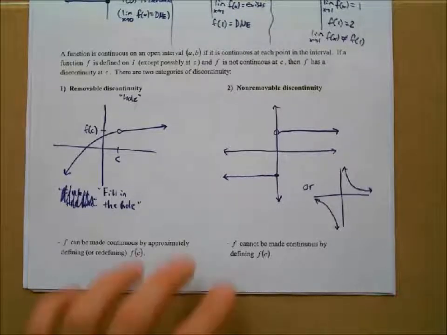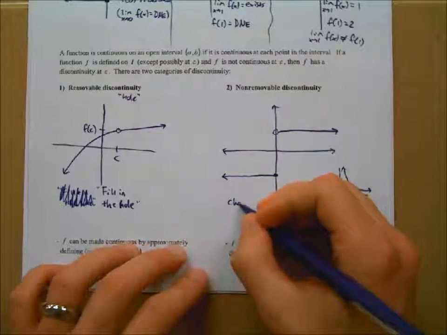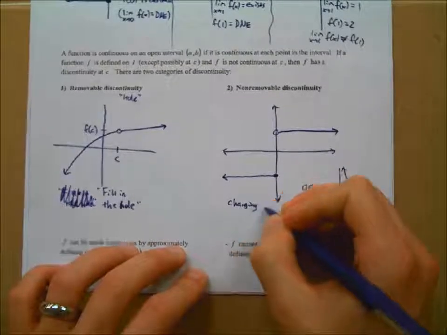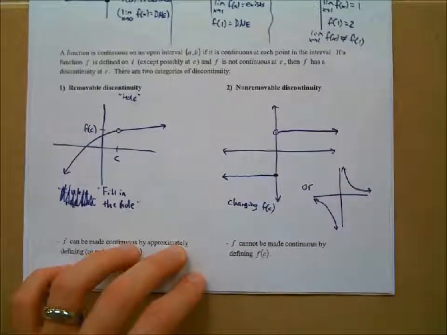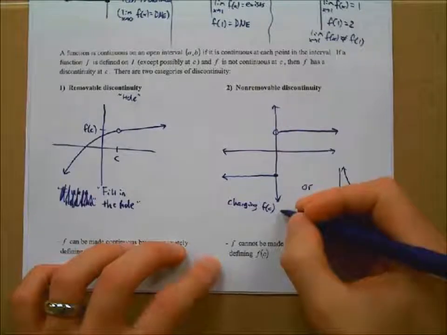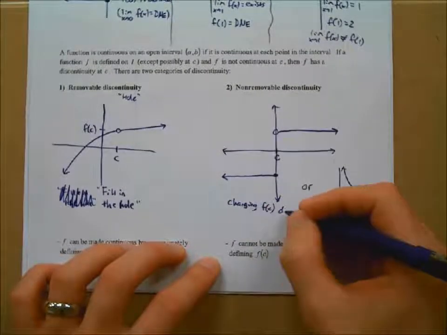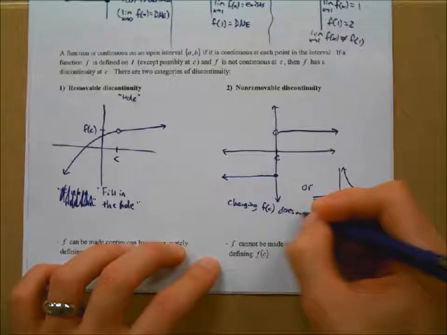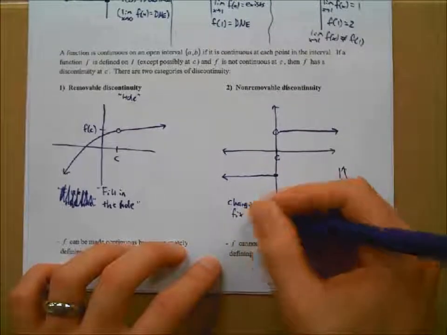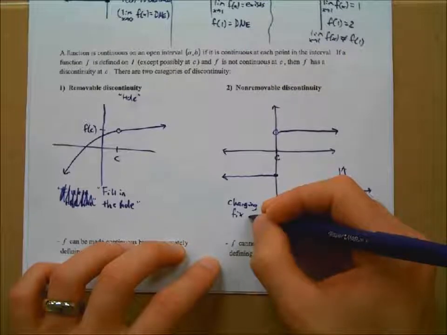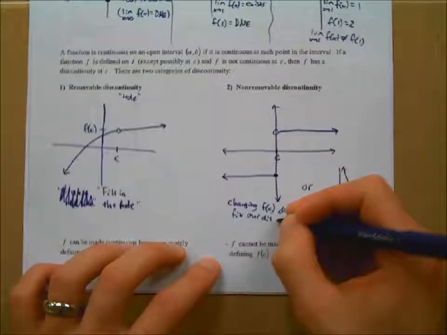Okay. Here, changing f of c, okay, again, c in this case, we'll call c the 0. Changing f of c doesn't fix our discontinuity.